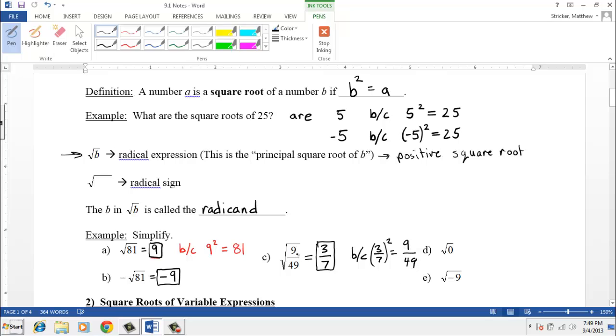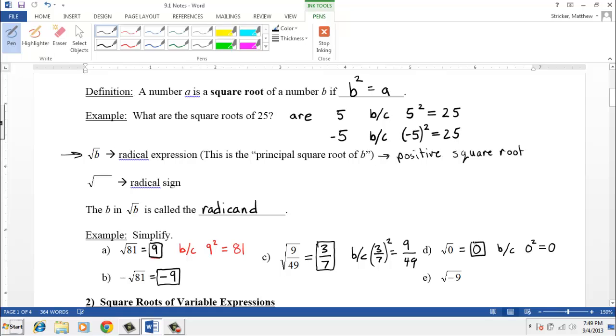Or we can think about taking the square root of the top and bottom individually. The square root of 9 is 3 and the square root of 49 is 7. We can also talk about the square root of 0, which is 0. Again, because of our definition, this is because 0 squared equals 0.